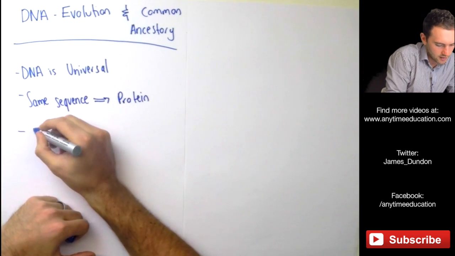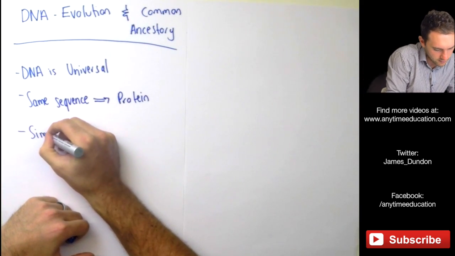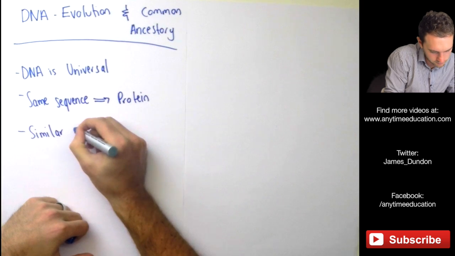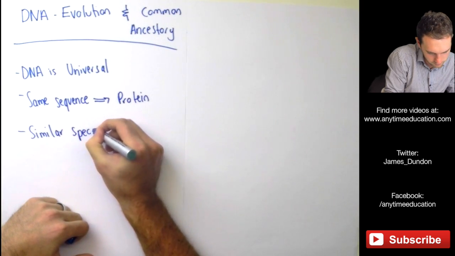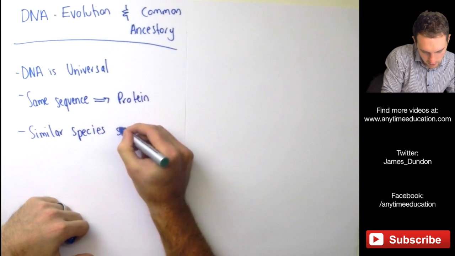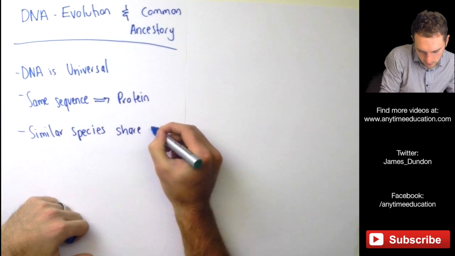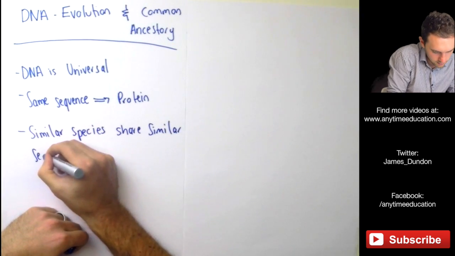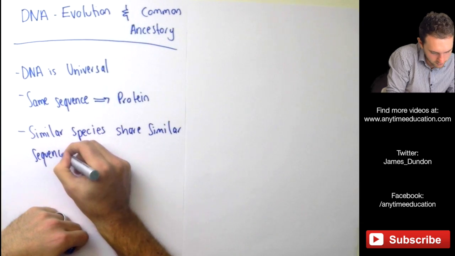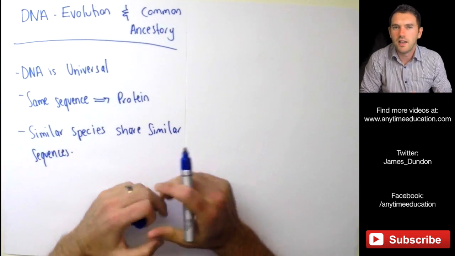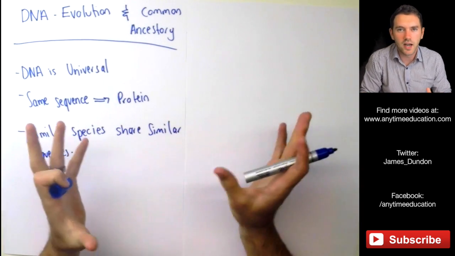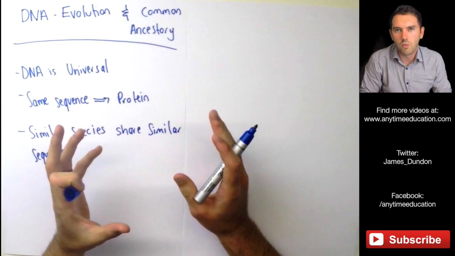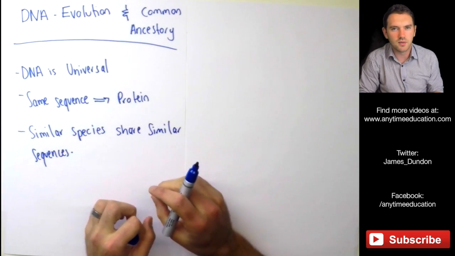We have similar species sharing similar sequences. Now again, if they were independent of one another, why do they share those similar sequences?